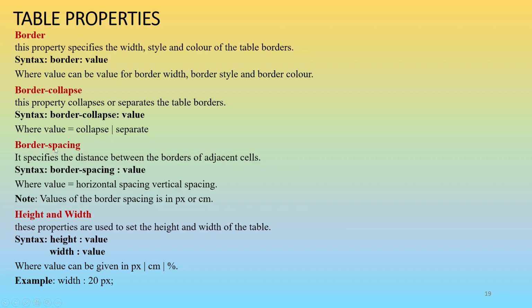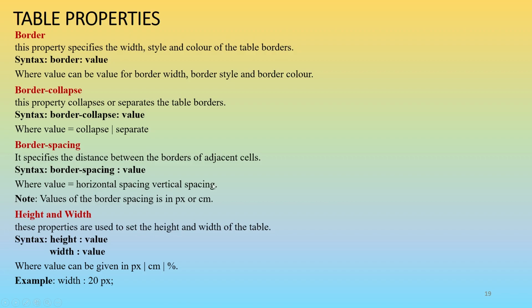Border spacing. It specifies the distance between the borders of adjacent cells. If the border-collapse is separate, then I need to write the space between the two cells. So it is border-spacing, where value is horizontal spacing or vertical spacing.